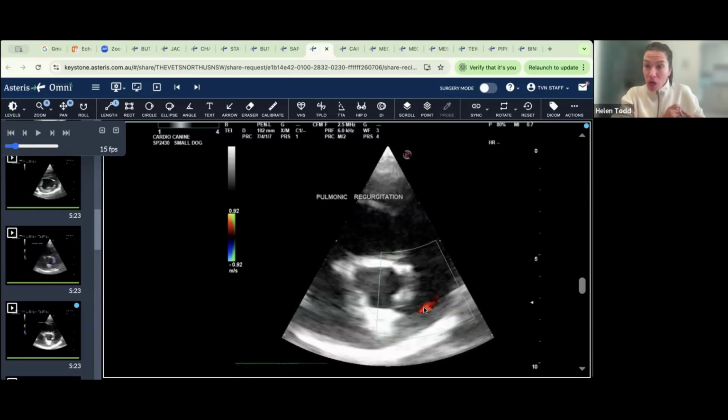So sometimes no, and sometimes we can, because the valve leaflets in a stenotic valve are often quite abnormal. So sometimes they don't seal properly, and you can get a bit of pulmonic regurgitation. How we know whether a regurgitant jet is significant or not is we'll then go to taking the velocities through here. We might touch on that another time.